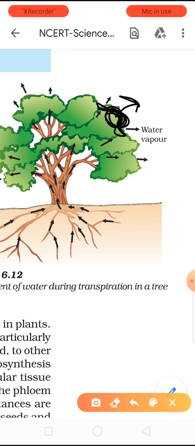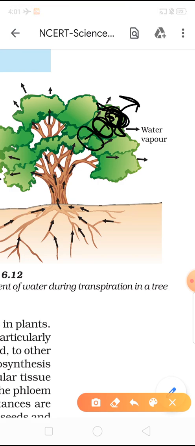That cell will take water from the cell below it. It will suck the water from the neighboring cell, then this neighboring cell sucks the water from the other neighboring cell.